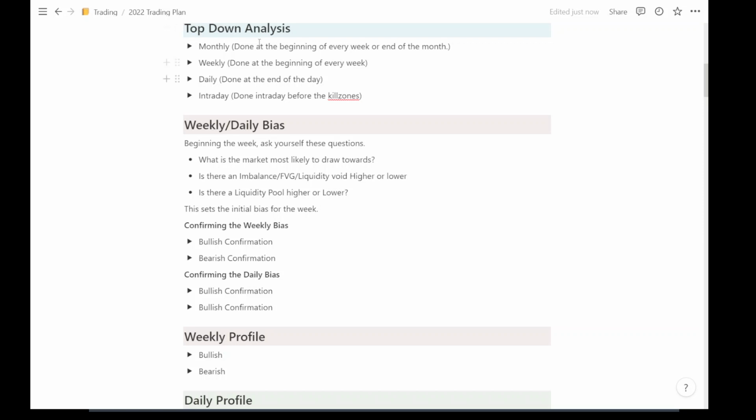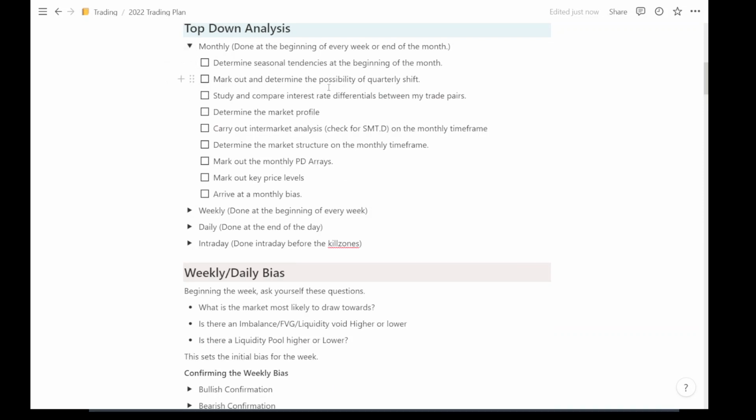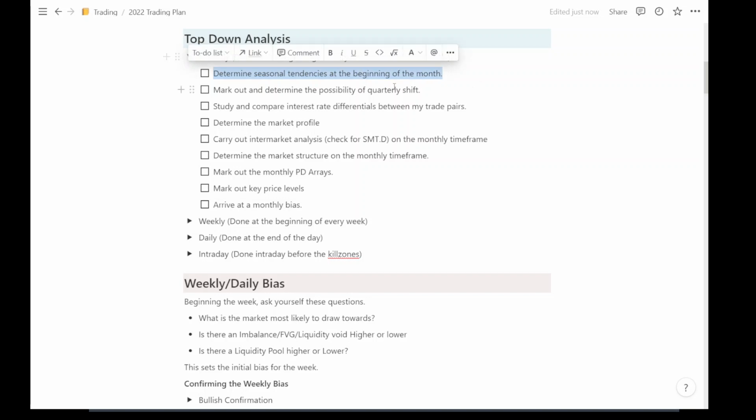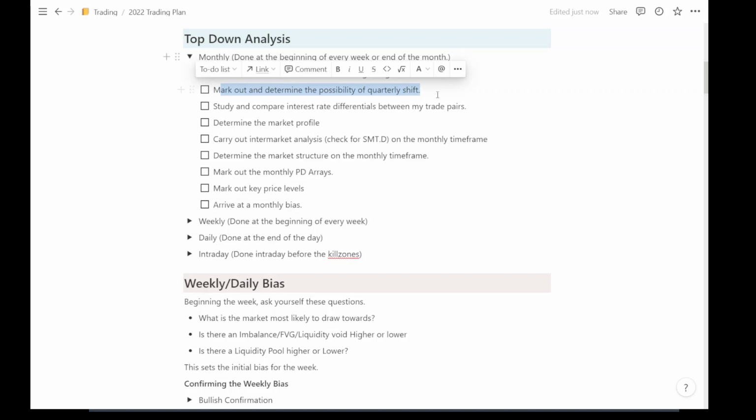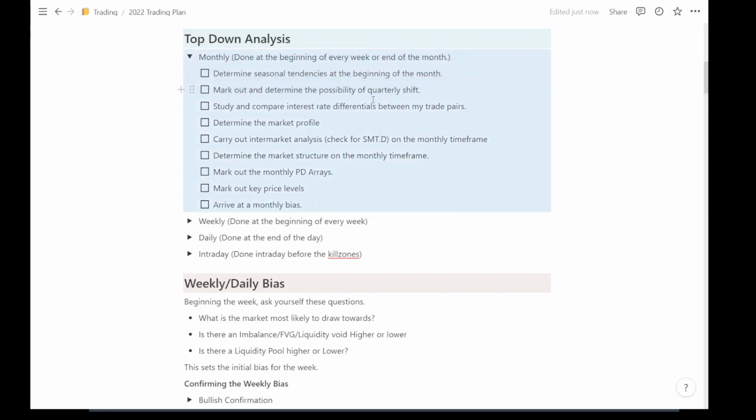So on the monthly time frame, what I tend to look for primarily is the seasonal tendency, as well as I'll try to determine the possibility of a quarterly shift for that month. For some of you that are not aware already, price tends to change course every 3 to 4 months.